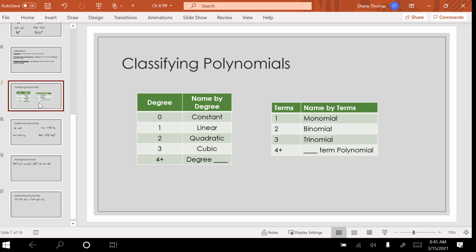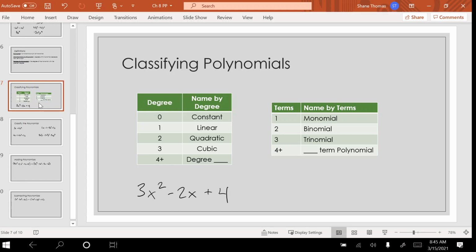So for instance, if I write this here, 3x squared minus 2x plus 4. First off, notice the order I have this written. My variable x has powers 2, 1, 0. That's the standard form of a polynomial like we talked about on the last slide. Next, I want to figure out the degrees.